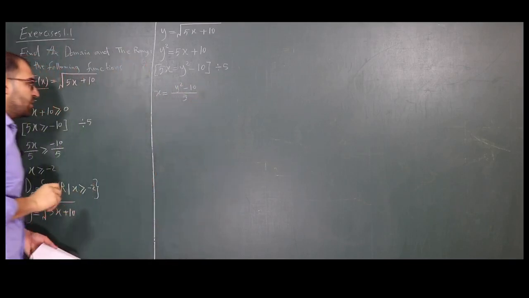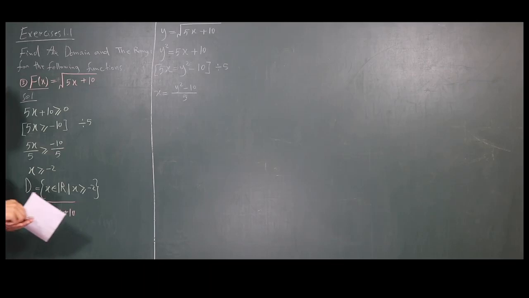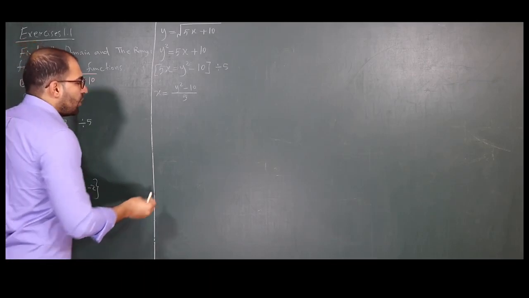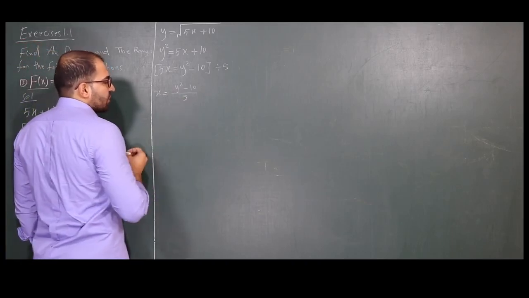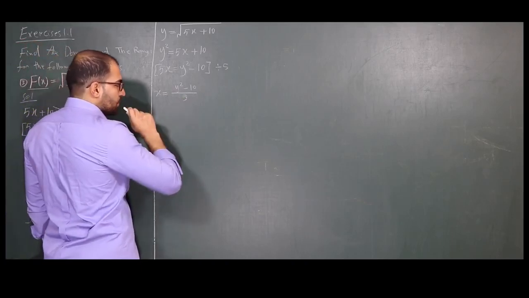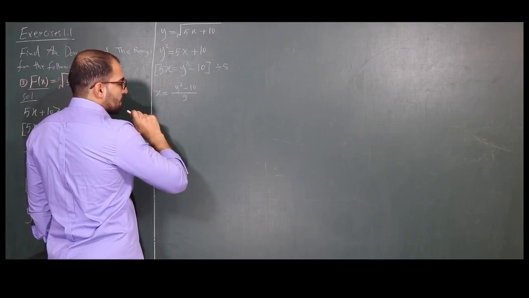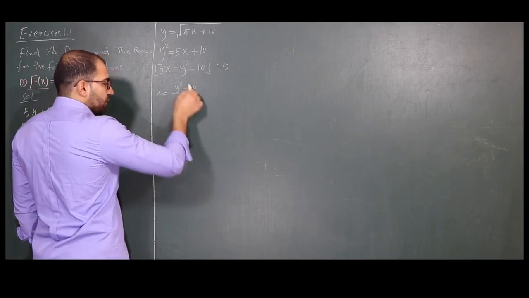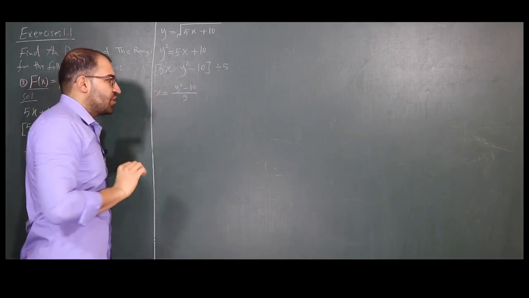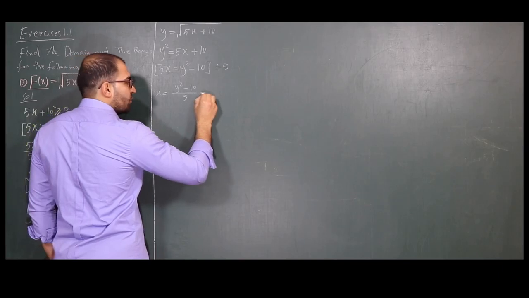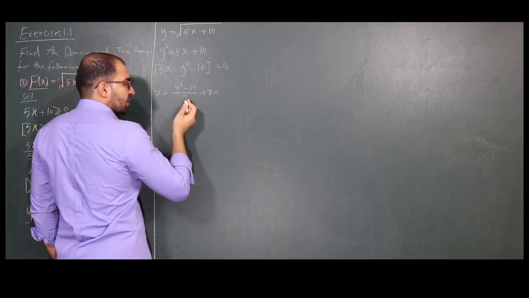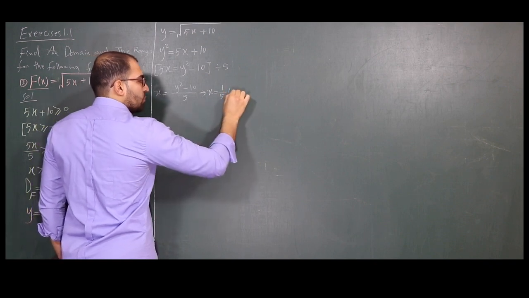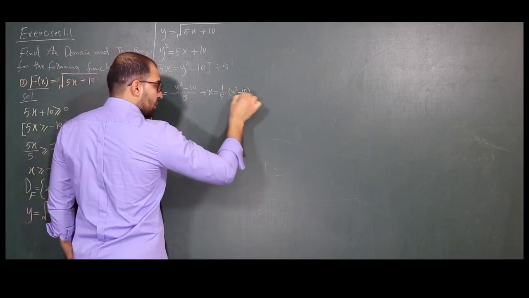So what can we understand from this? Initially we can understand that this is a polynomial. It's clear that this is a polynomial because if I want to write it in another way, I can put one over 5 as a common factor here and y squared minus 10, which is a polynomial.